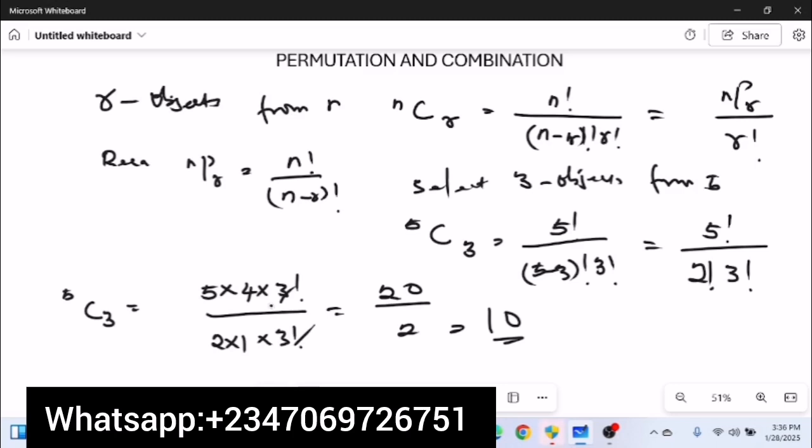You observe that n being the number to be selected from, and r being the number that is being selected, n is usually greater than r, so you have 5 being larger than 3. Now let's solve a few examples to back up the concept.